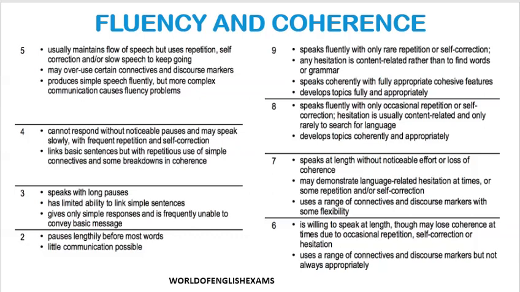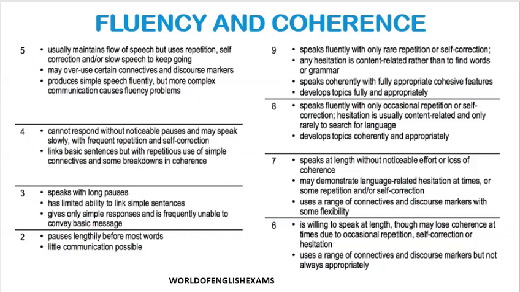Obviously fluency is lacking, so fluency is nothing but maintaining a continuous flow of speech. So if that flow of speech is hindered, and if that flow is stopped with lengthy pauses before the words, then definitely little communication is possible. That's why the candidate is getting a 2.